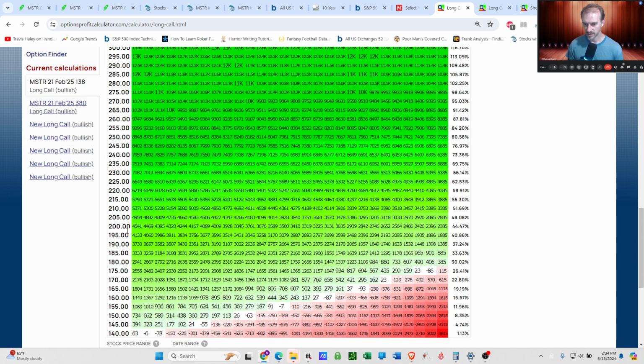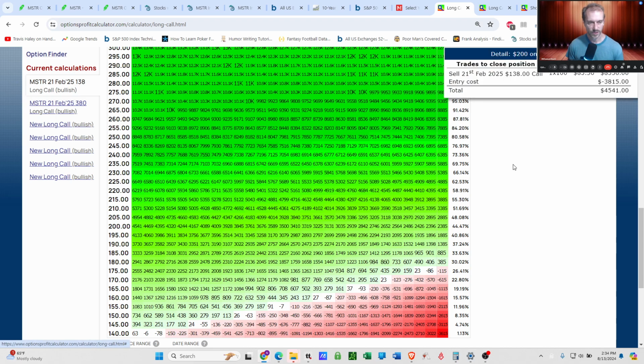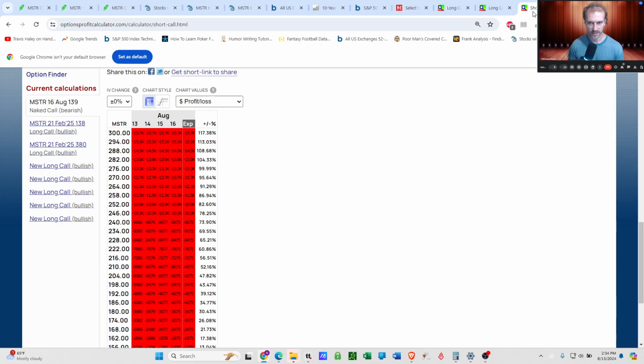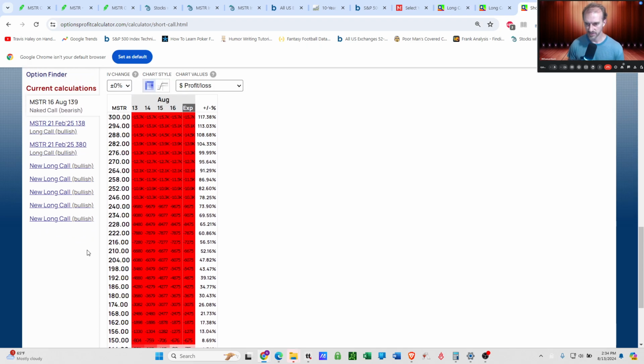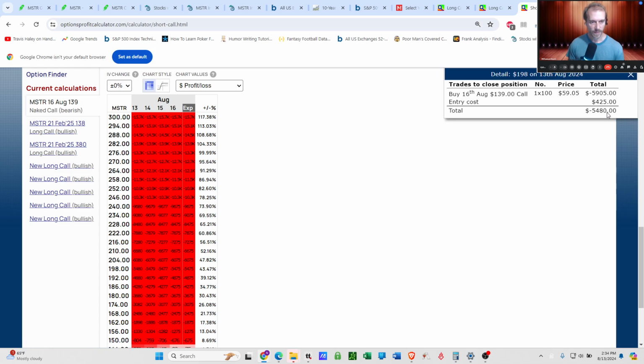And if the price ripped to 200, this would be worth about 8,000, which would be a $4,000 increase. But bottom line, I could sell it for 8 grand. But what is the damage if the price goes to 200 on that naked call? That's about 6 grand. So the 4,000 extra that I make doesn't really cover this whole 6,000.